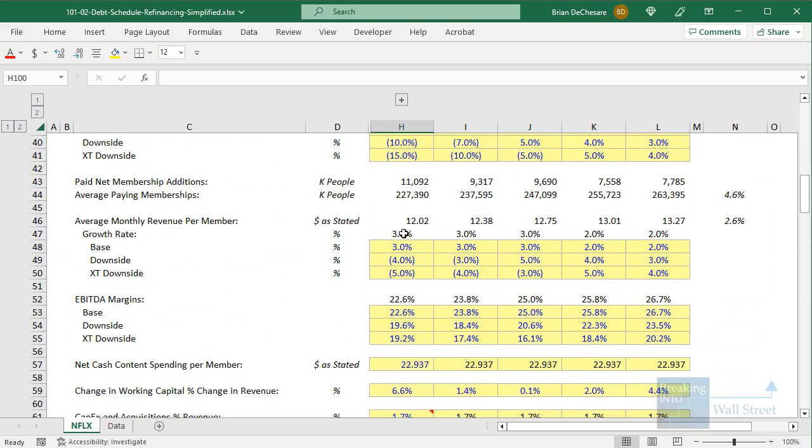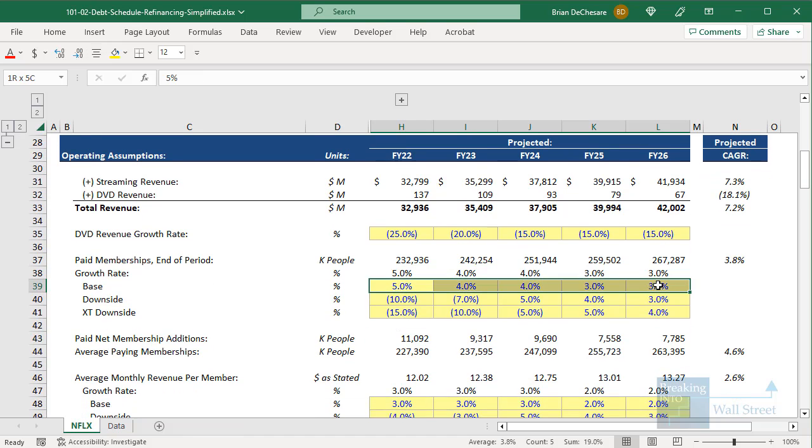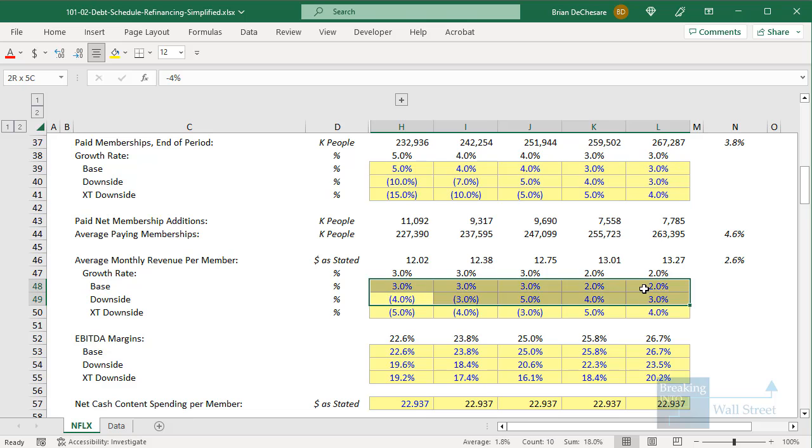Now, this is really beyond the scope of this tutorial, but for Netflix at a high level, we assume that in the base case, their memberships grow at a modest rate. In the downside and extreme downside cases, they fall by quite a bit before recovering a little bit. And the same with the revenue per member here. The assumption is that maybe they try out ad-supported tiers or some other scheme beyond just paying a monthly fee and it doesn't go well, and so they earn less per member per month.